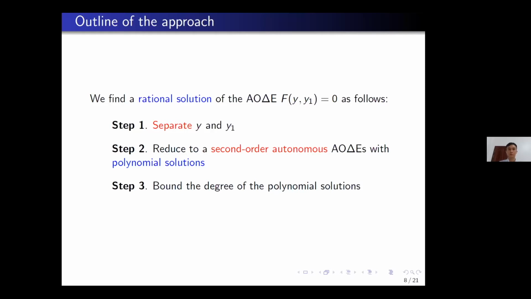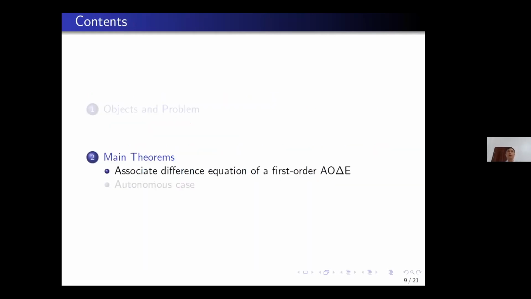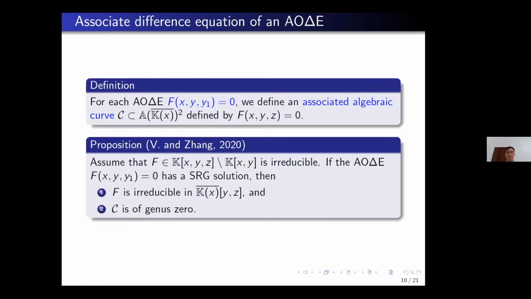Now we go to the first step, how to separate y and y1. We will define a new class of difference equation, called an associated difference equation. And we do it by using some technique from rational curves, parameterization of rational curves.